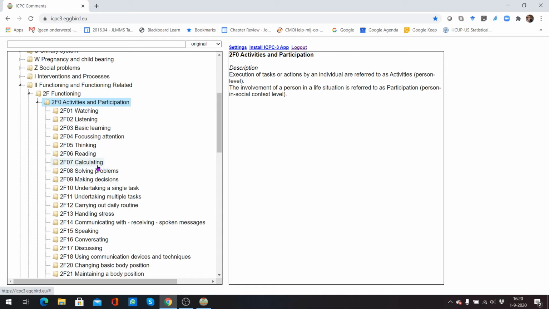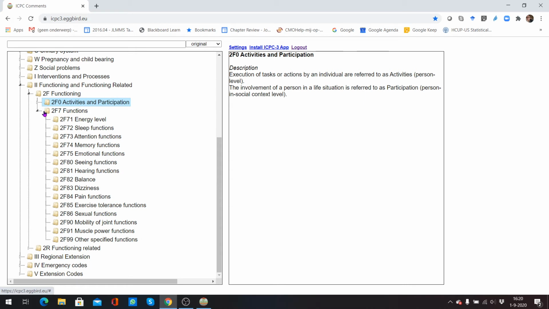There you see all the activities and the participation classes. From the point of view of primary healthcare, activities and participation are at the heart of shaping a person-centered approach. This means that in the ICPC-3, the activities and participations chapters comes first, followed by the function chapters.